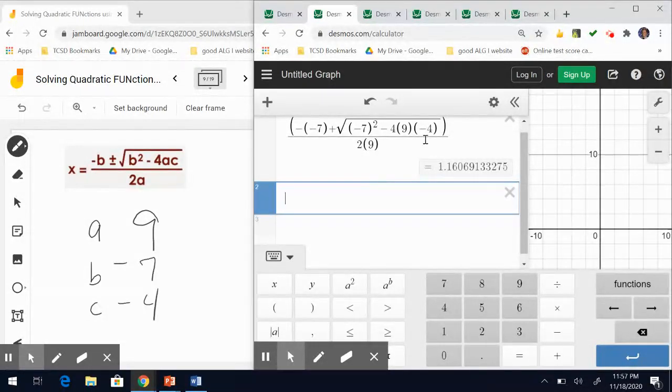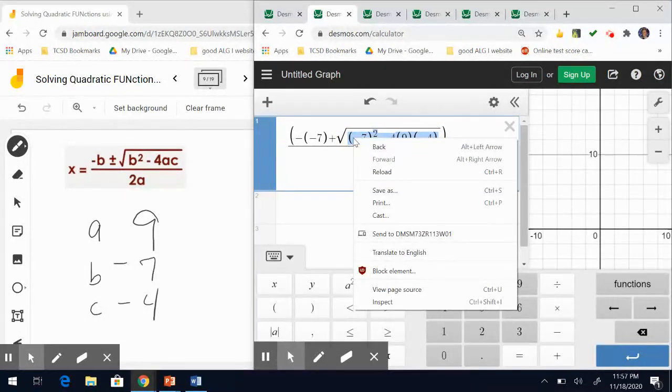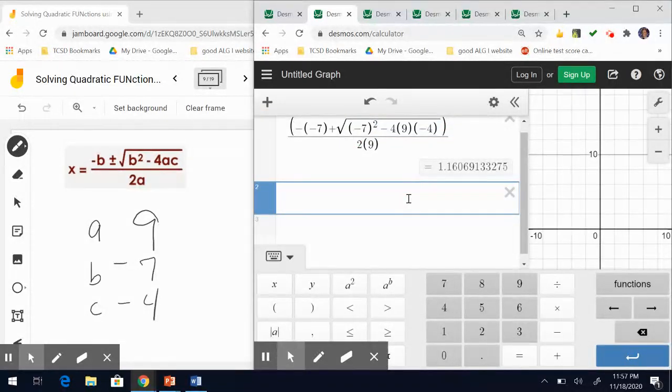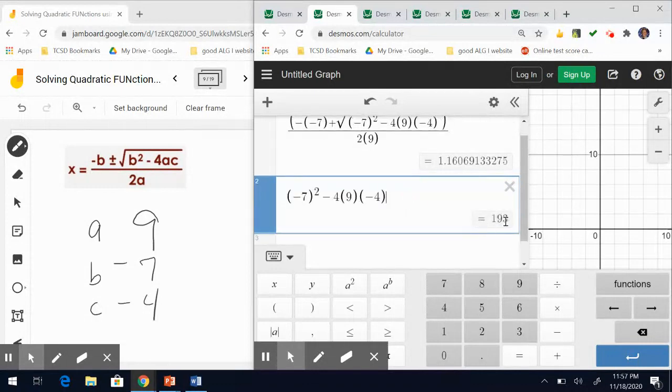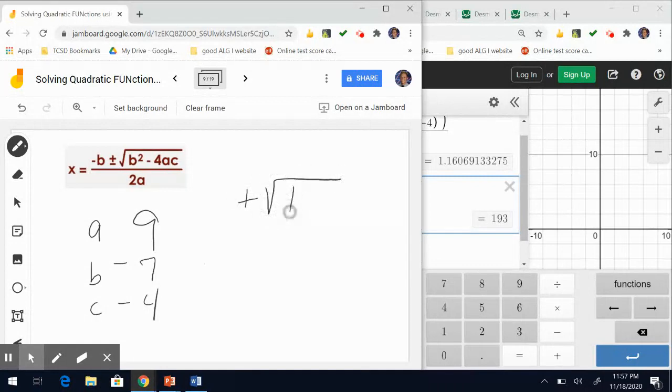I need to calculate what this is, so I'm going to just hit Control, and paste that in there. And I get what's under the radical: 193. So what that means over here on our work is that this is plus radical 193, which is not a pretty number.